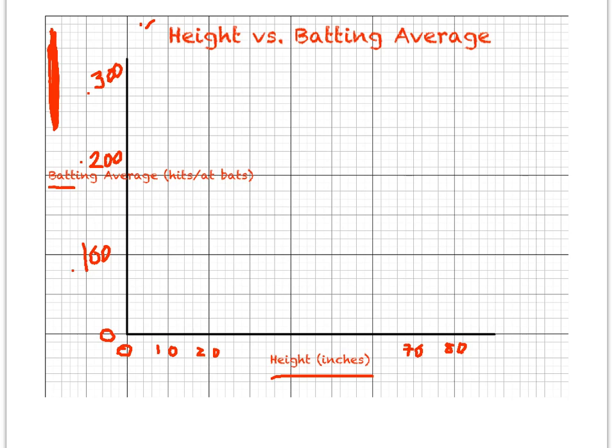Alright, so let's plot these points. First person was Derek Jeter. He was at 75, I think. 75. So I got my little laser pointer out. And we're going to go to 70. We'll go to 5, which we have to approximate there. And then we're going up that middle. And he was a 323. So if I remember correctly, this line right here is 300.